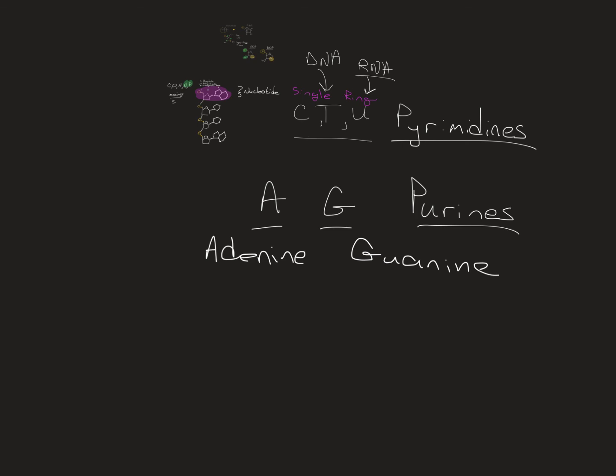The way we discovered the base pairing rules is because of how much energy it took to separate A and G versus A and T. Because they have a difference in how well they stick to each other, we were able to decipher that A always matches with T and G with C. That's the base pairing rules. That's something that should always be in your mind without any question. And when it's RNA, A pairs with U. That's right. A goes with U in RNA and G still goes with C.